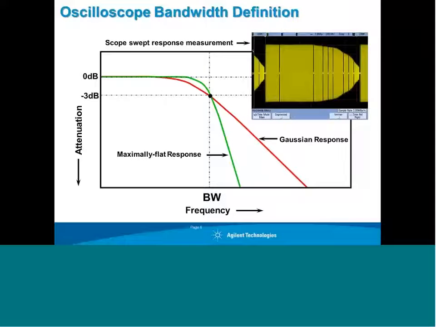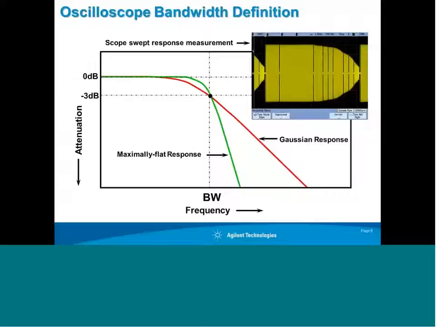So let's first address bandwidth, and in this slide we just define what bandwidth is. It is the number one criteria that almost all engineers consider first when selecting a new scope, and I agree that it is the most important criteria. Bandwidth is the frequency of input signals that a scope can continue to show waveforms up until an attenuation of the signal of 3 dB.